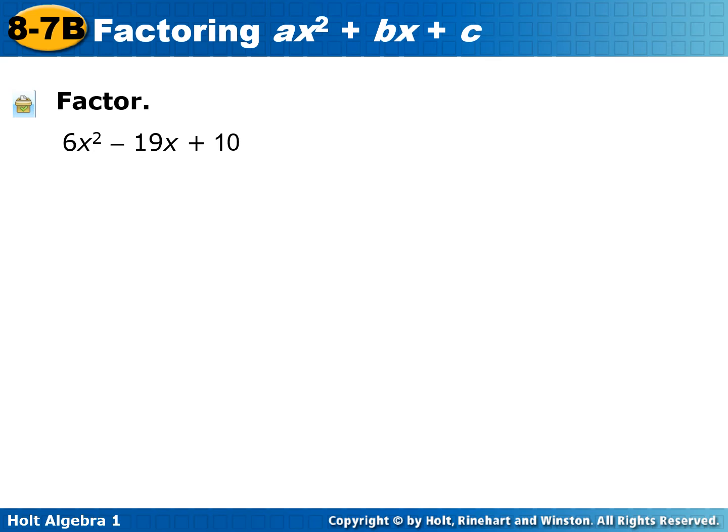All right, it's in standard form. I cannot take out a GCF, so I have to go with my rules. 6 times 10 is 60. But C is positive, so factors of 60 that add up to 19. Factors of 60 that add up to 19, I'm going to use 15 and 4. C is positive, so both signs must be the same and they must match the sign of B. So 6x squared minus 15x minus 4x plus 10.